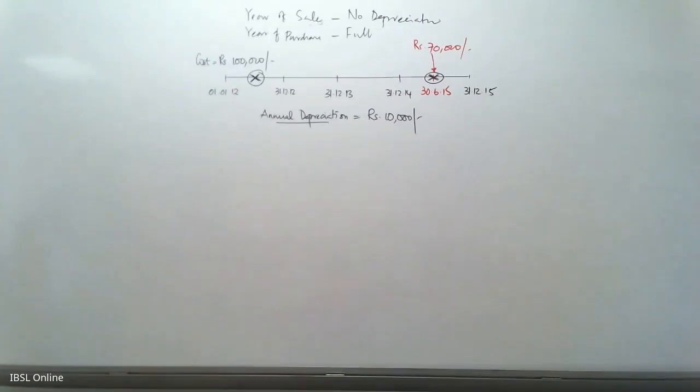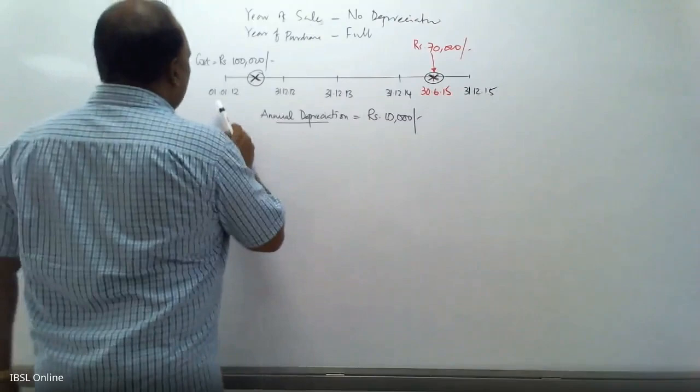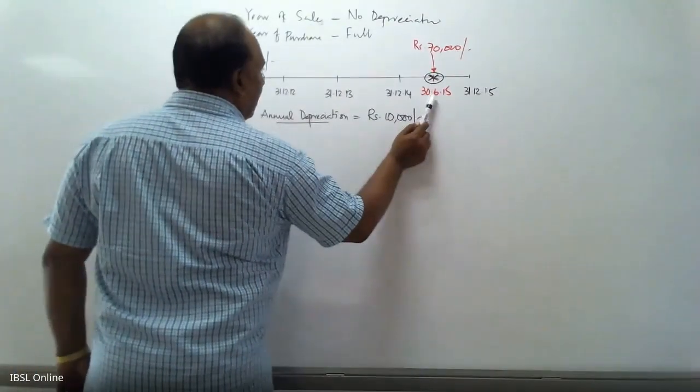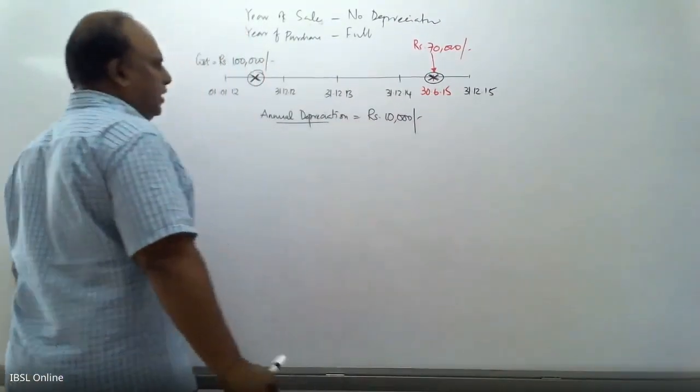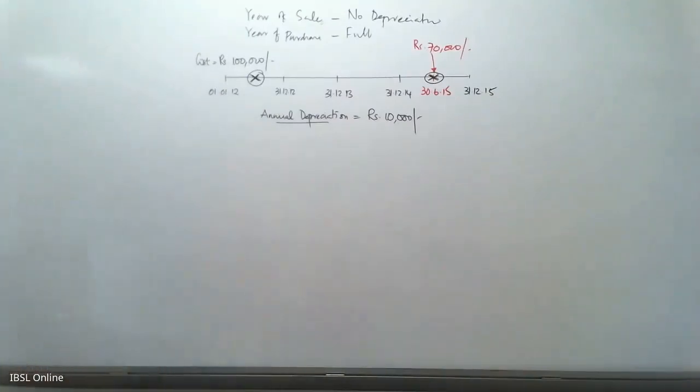Right. So going back to the question, the first part is to calculate the carrying value. So what is carrying value? Cost minus accumulated depreciation. Now, accumulated depreciation should be from 1/1/2012 to 30th June 2015. If there was no policy given, then we would have simply used the prorate convention, which is what we normally use.